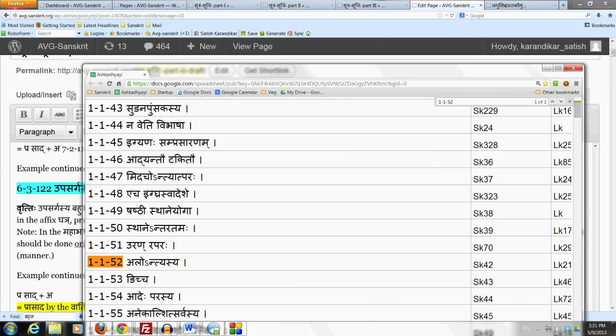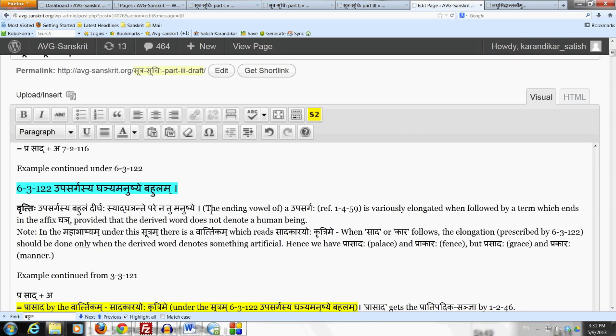It's a substitution that normally takes place only in place of the ending letter of the term being substituted. So here the upasarga is being substituted, and by that paribhasha sutram, the substitution takes place only in place of the ending letter of the upasarga. And of course we know that a dirgha adesha can only be done in place of a vowel, an ach. The consonants don't have anything like dirgha or hrasva. So that's why we say the ending vowel of an upasarga is variously elongated.